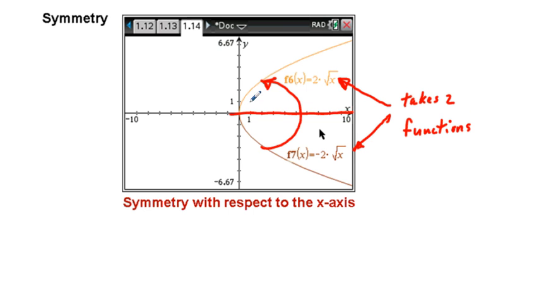If we run the vertical line test on this, I'm drawing the blue here, the vertical line touches more than once, so it's not a function. That's why two functions are required. So in terms of a single function, you will not have symmetry with respect to the x-axis. It'll take two functions for that.